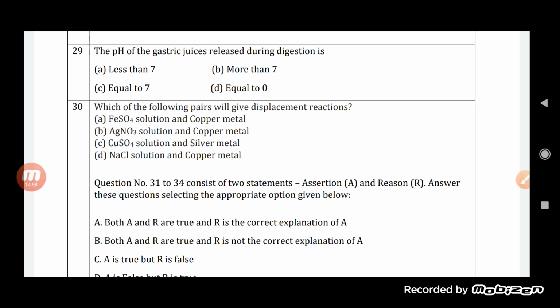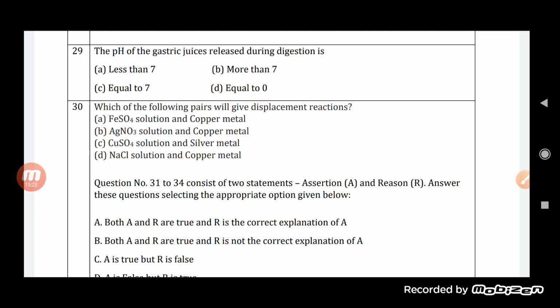Here some pairs are given: FeSO4 solution and copper metal, AgNO3 and copper metal, copper sulfate solution and silver metal, and sodium chloride and copper metal. Now if we start with FeSO4, iron is more reactive than copper metal.